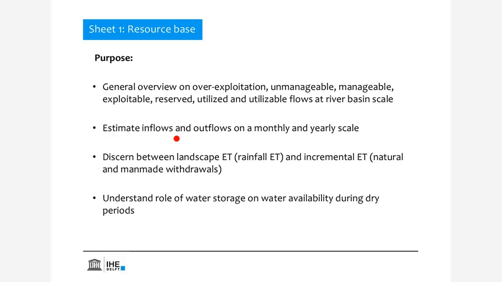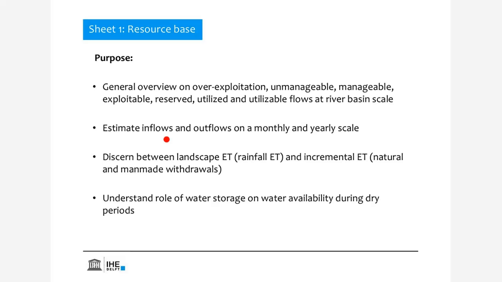It also presents the inflows and outflows on a monthly and yearly scale in the basin, and makes a difference between green ET and blue ET. Something which is not easy to manage, like green evapotranspiration, is very hard.